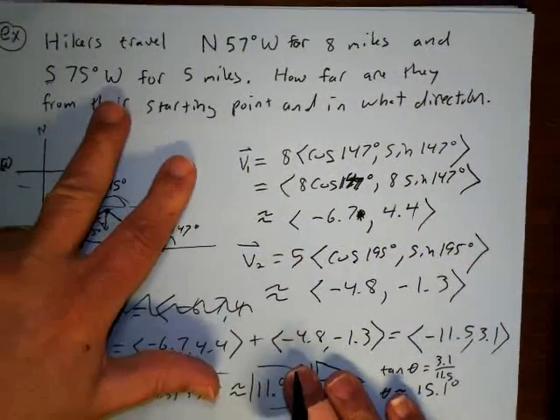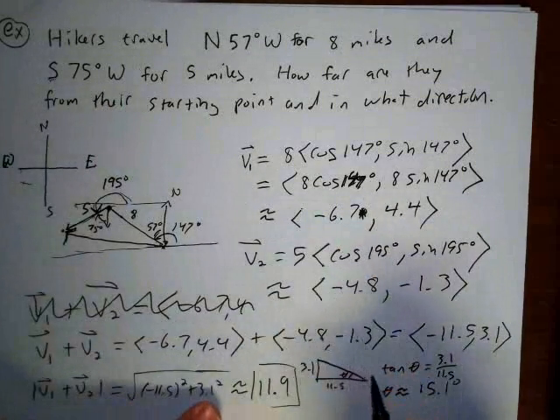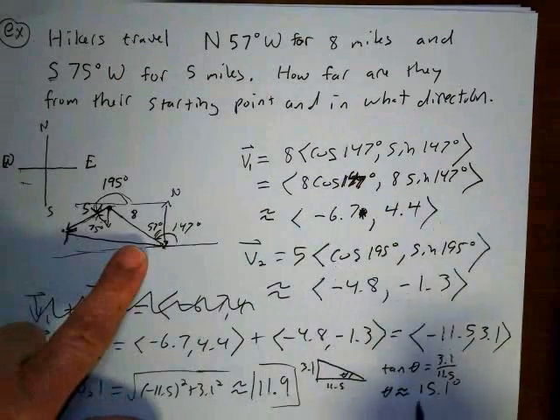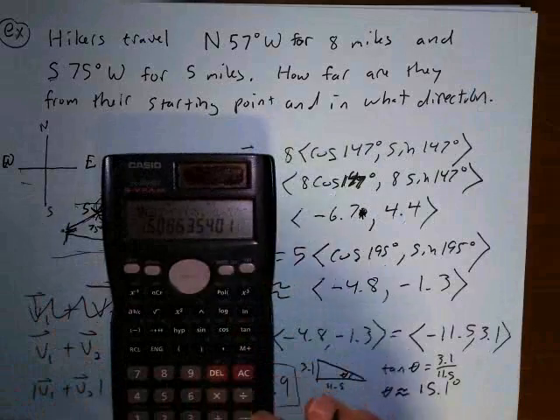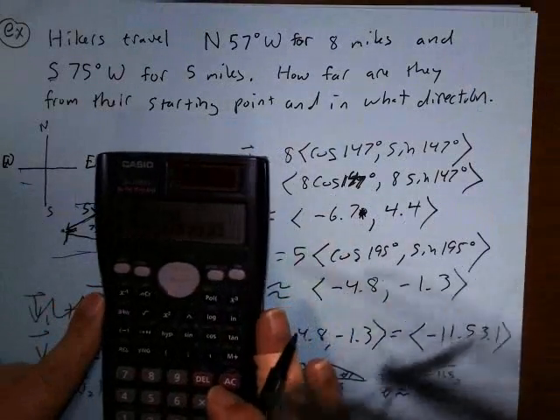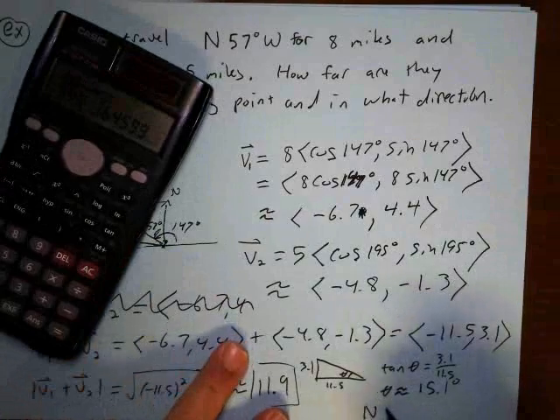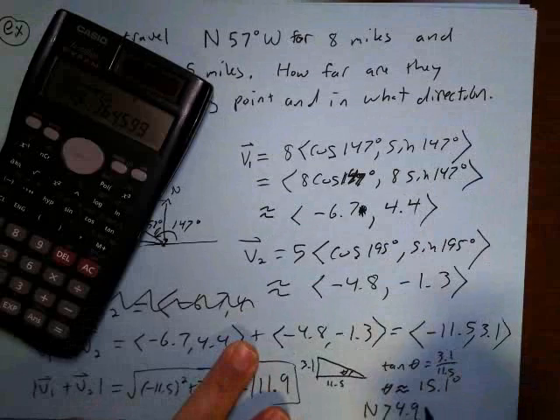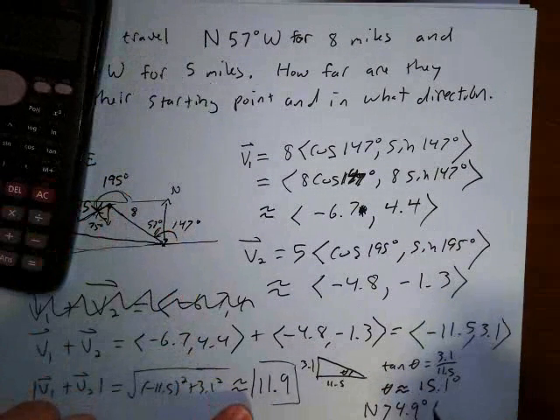And so that's this angle, and that might be good enough, but if I want it in terms of one of these, I can do that, because you can see here what I got to do is I got to take 90 minus this. So 90 minus 15.1, that's like 74.9. So this would be measuring from the north and going 74.9 degrees, and then you're going towards the west.